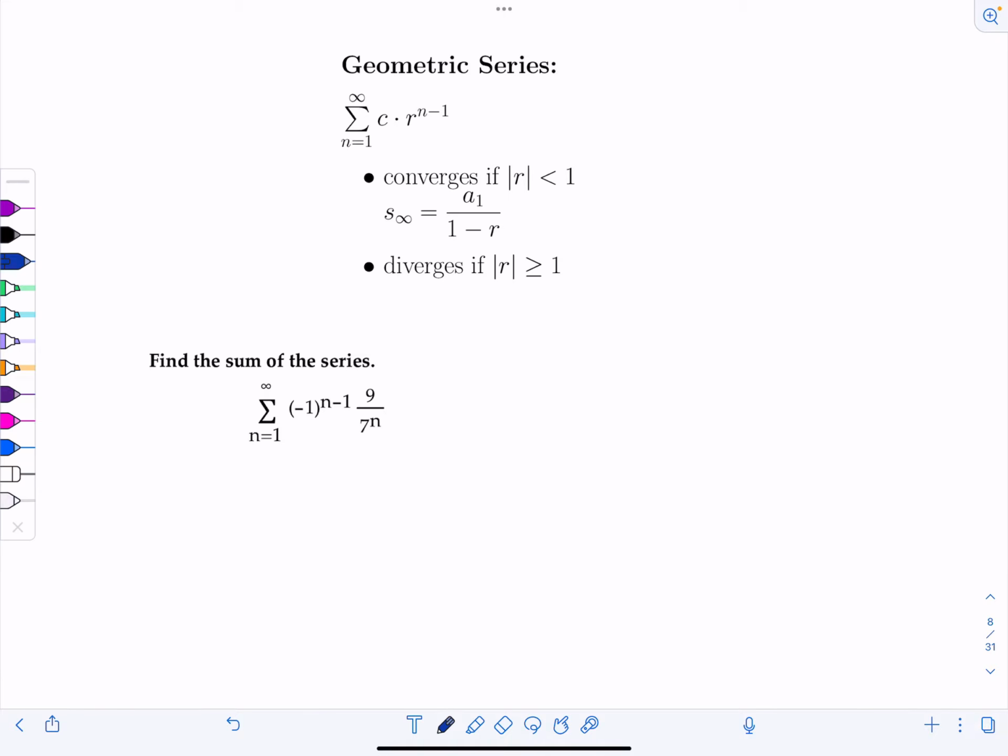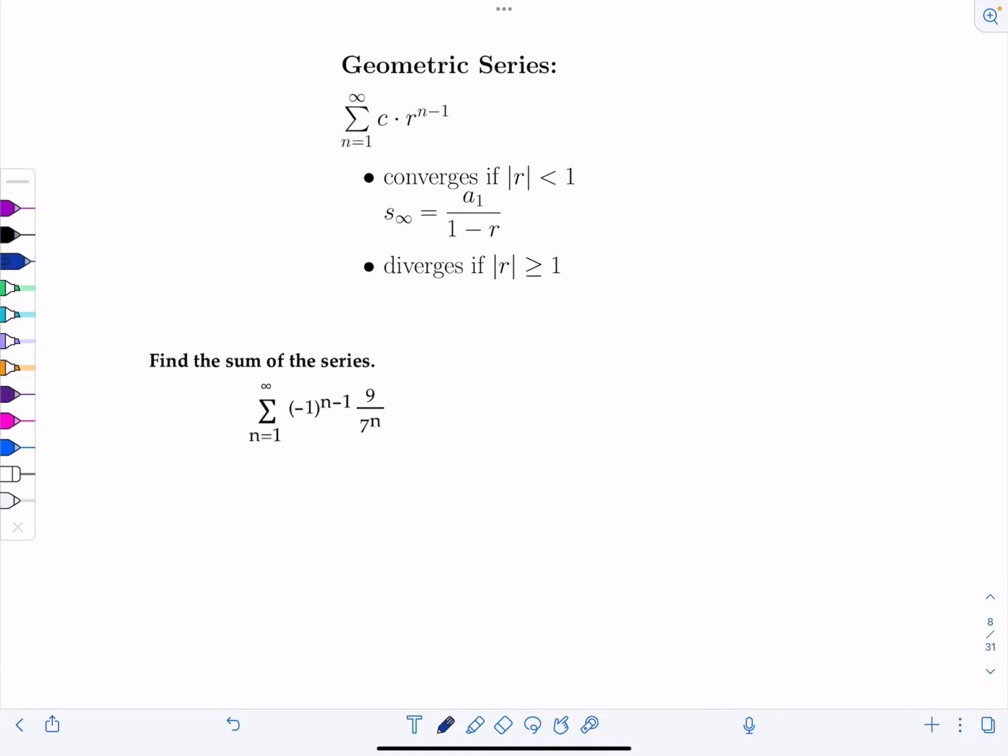It converges so long as the absolute value of r is less than 1, and the formula for the sum is the first term divided by 1 minus r. It diverges if the absolute value of r is greater than or equal to 1. Okay? Good.